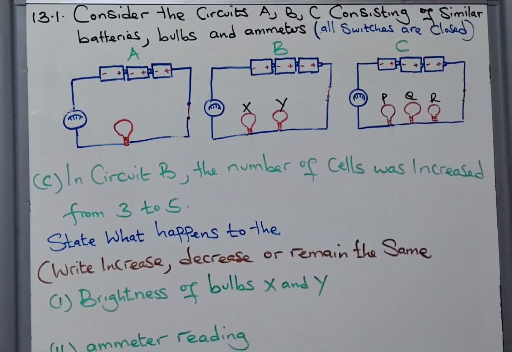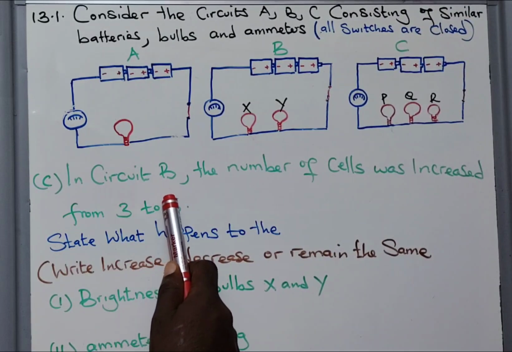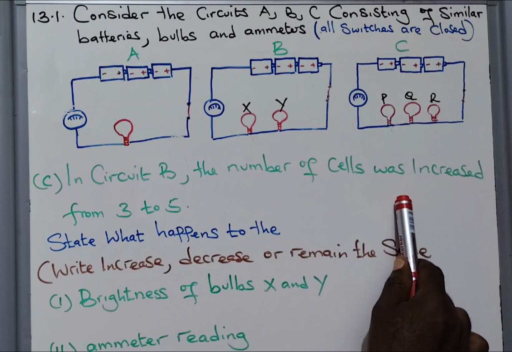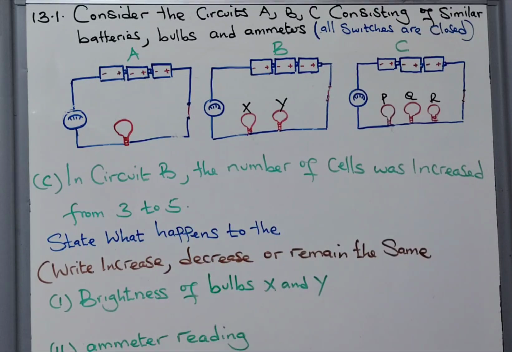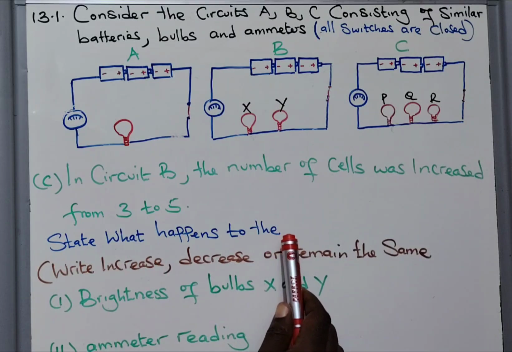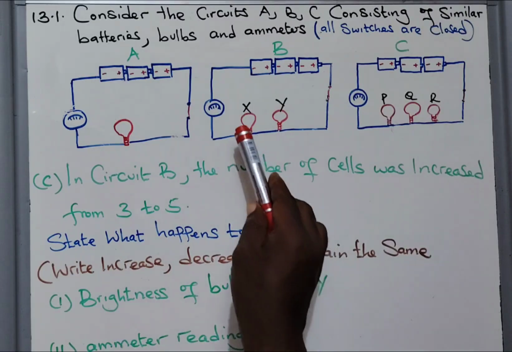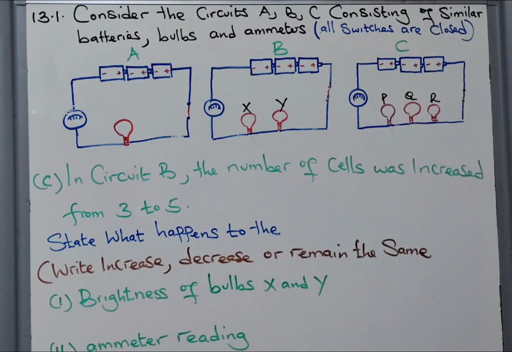Then we come to this one. It says that in the circuit B, the number of cells was increased from 3 to 5. State what happens to, right, increase, decrease, or remain the same, the brightness of the bulbs X and Y. I have to know that X and Y have the same brightness.